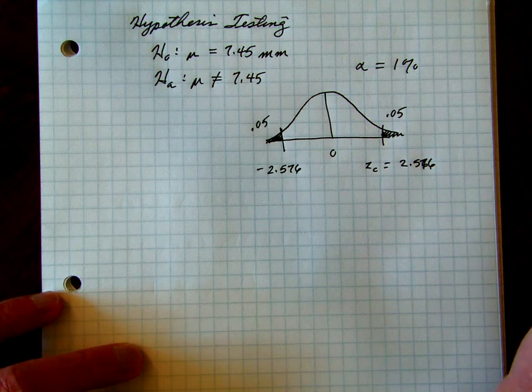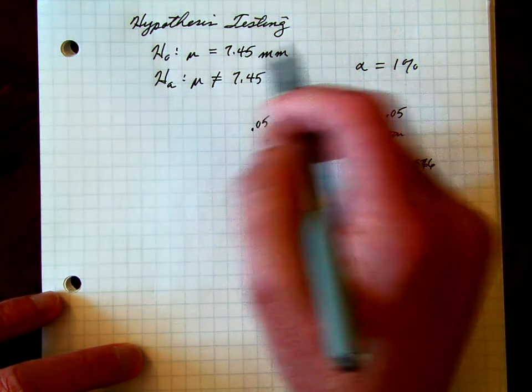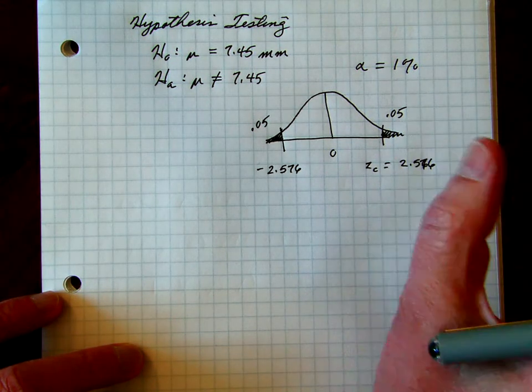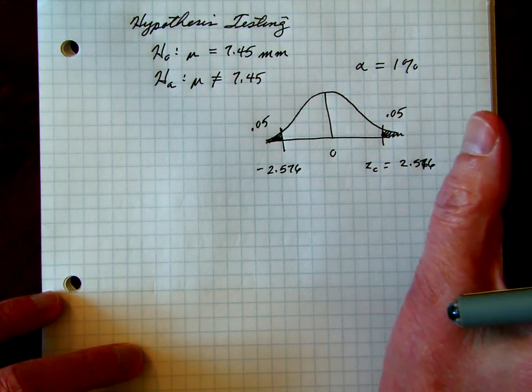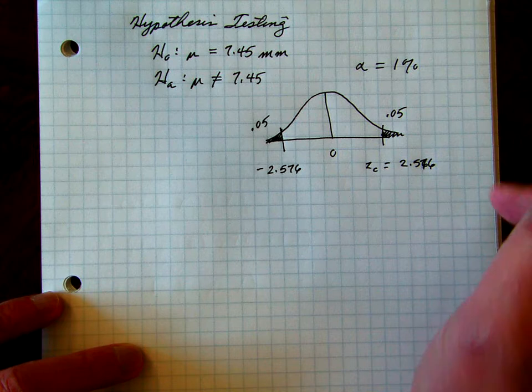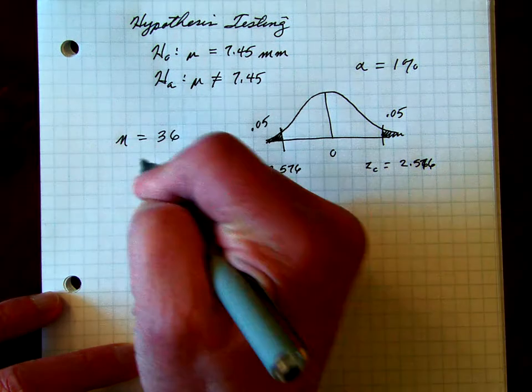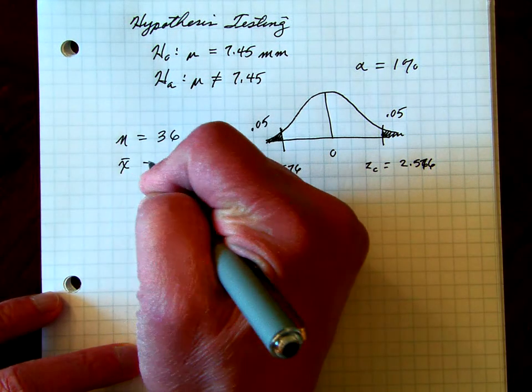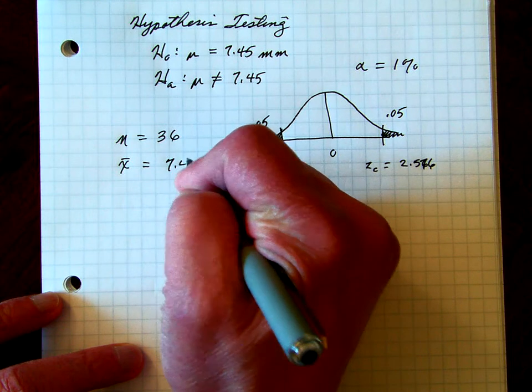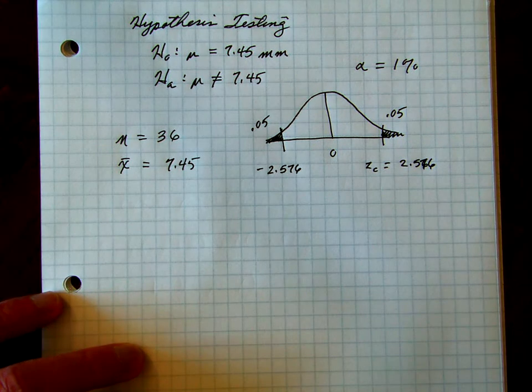What do you have for data? Well, let's assume that what you're doing here involves taking a sample of your manufactured item, these items of length of about 7.45, and let's say that you take 36 of them. Okay? And let's say you find out that they're just a little bit on the long side, 7.46 in average.